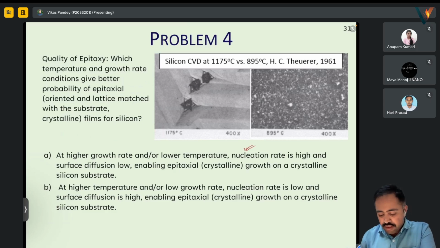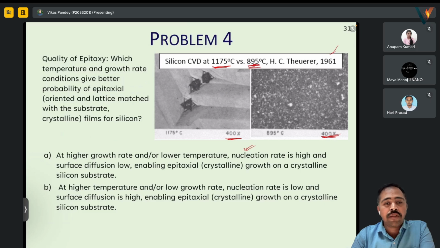Both of these images are 400x magnified. One is silicon CVD at 1175 degrees Celsius and another is 895 degrees Celsius. This is taken from an old image, 1961.